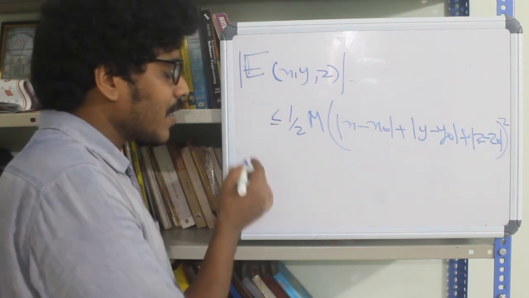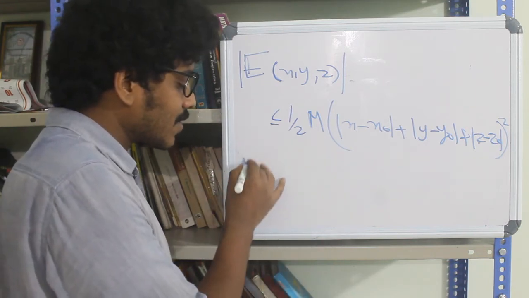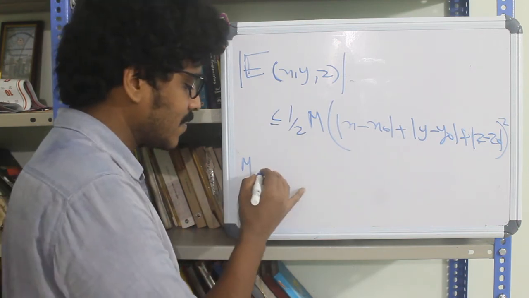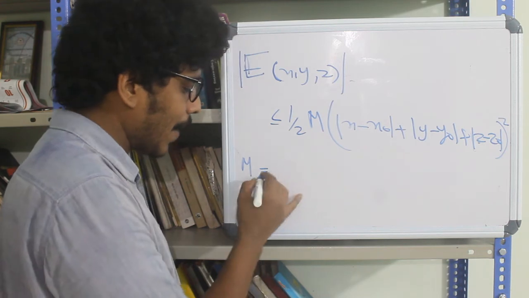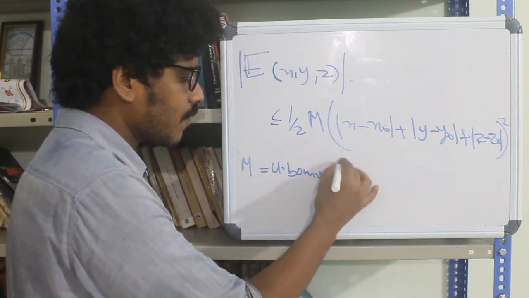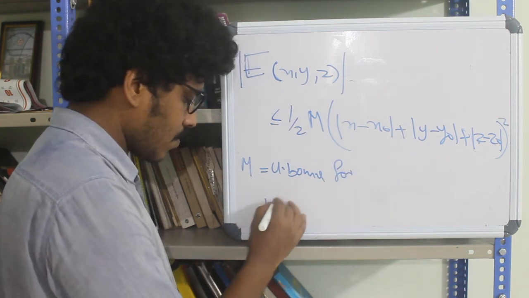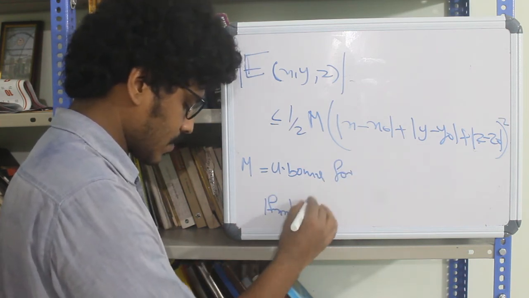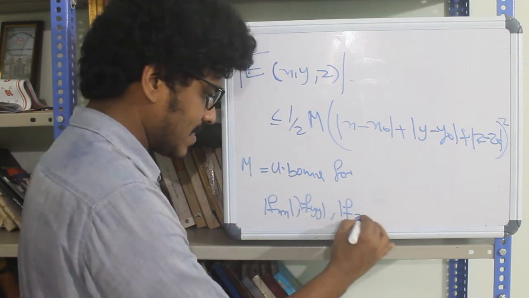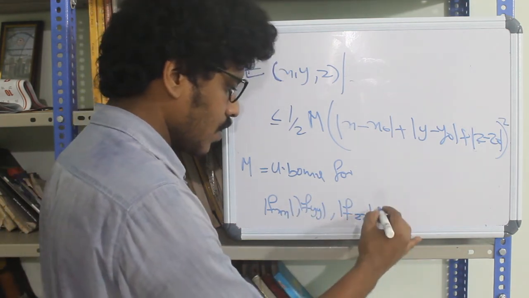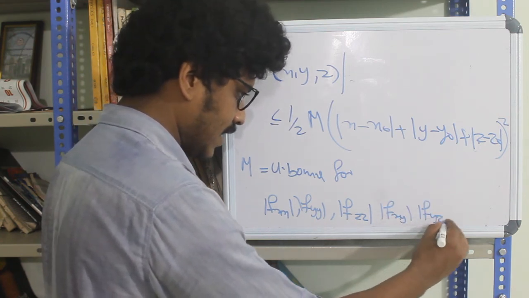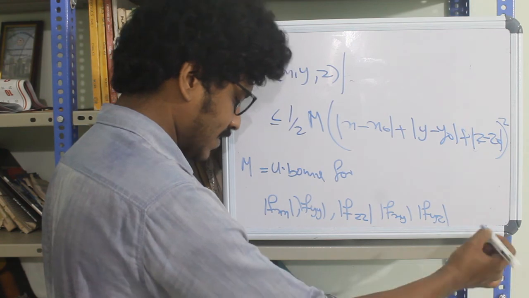Right. So here M is not limited to two functions or two derivatives. So M is actually now an upper bound for mod fxx, mod fyy, mod fzz, mod fxy, mod fyz, mod fxz.